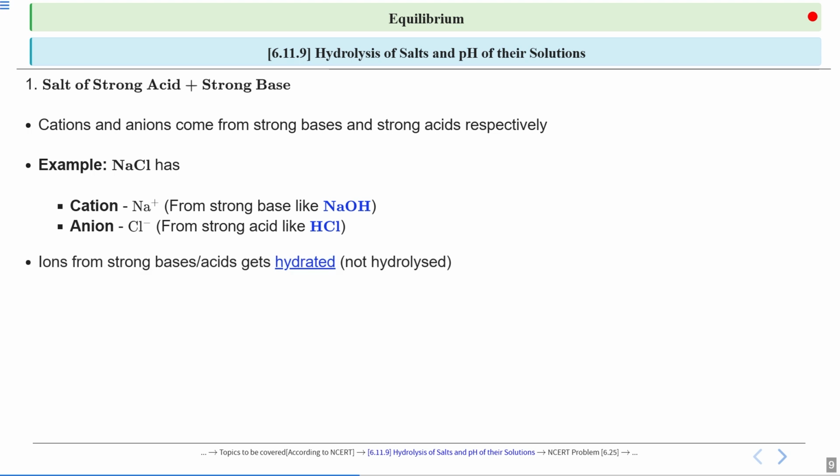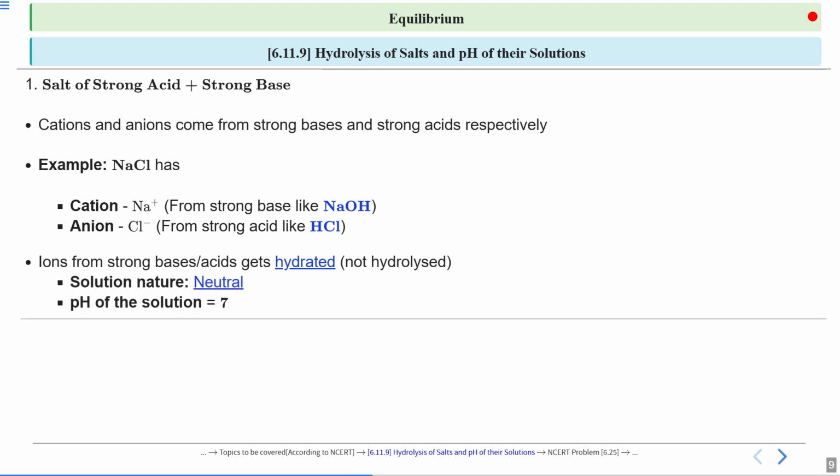Now both of these ions, whether the cation of the strong base or the anion of the strong acid, will get hydrated. We know it very well. We have seen this. If the ions are coming from strong electrolytes, they will get hydrated and not hydrolyzed, right? So in this case, there is no such reaction or no such change in pH. Therefore, the solution is overall neutral and the pH is constrained to the value 7.